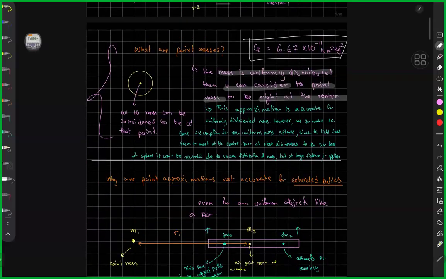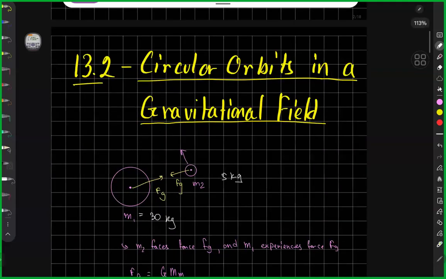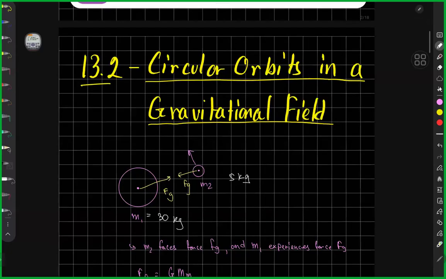Now coming back to what I was going to show you: I have two masses in space in a vacuum, and these two masses are interacting. Now I want to find the force Fg on M1. Let's find that. So G is 6.67 times 10 to the power minus 11.